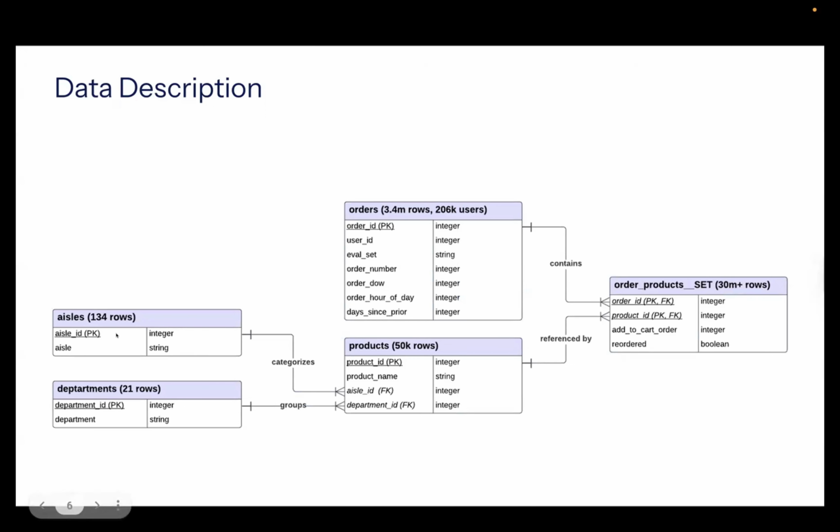The total five tables are aisles, departments, products, orders, and order products. In these tables, the order ID, product ID, aisle ID, and department ID are treated as primary keys. Some other columns are treated as foreign keys, connected with other tables. In this way, we can build connections across all the tables.